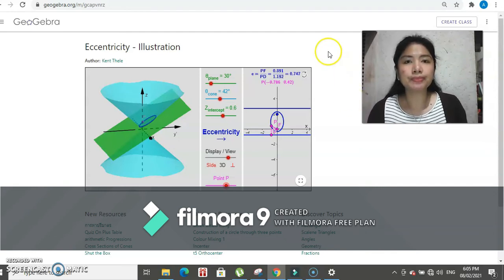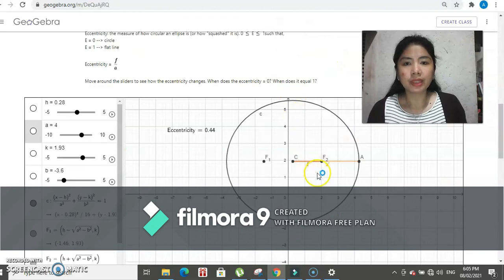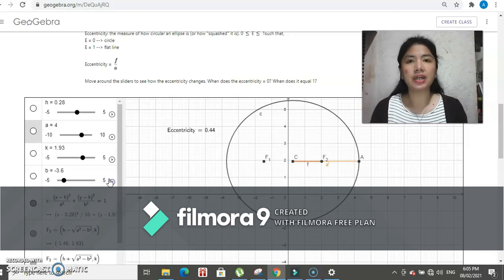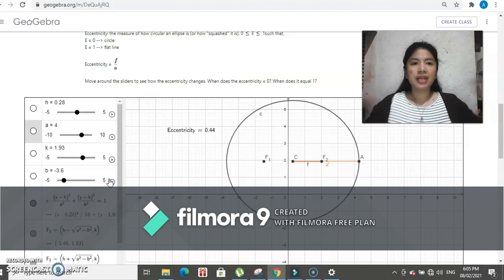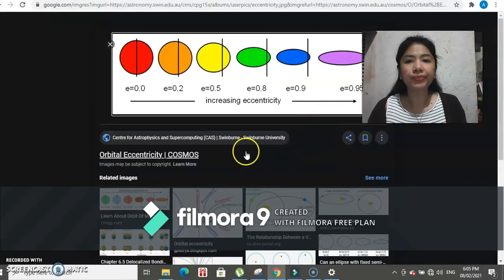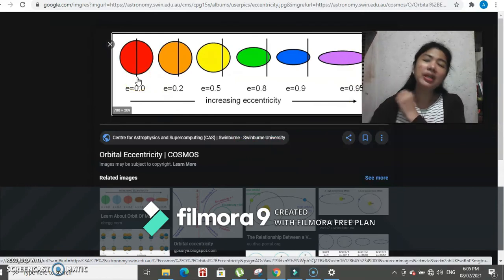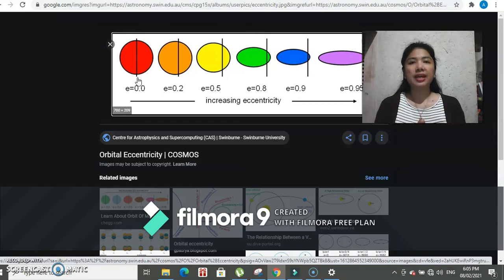And the eccentricity, guys, will basically give us an idea of how wide or how narrow the ellipse is, or how long the ellipse is. If we have zero eccentricity, then you are getting a circle.